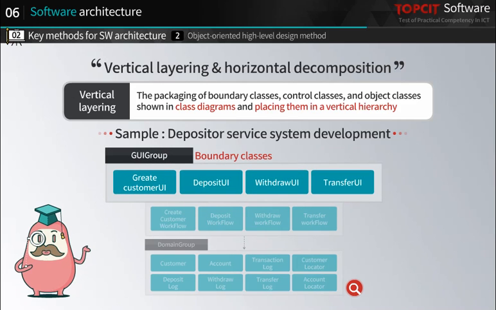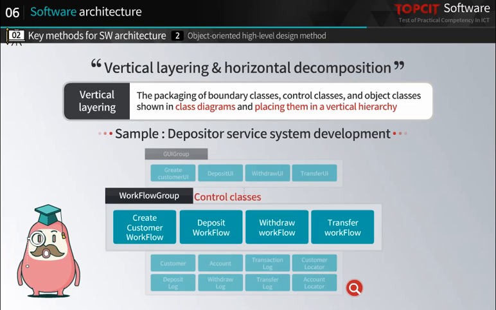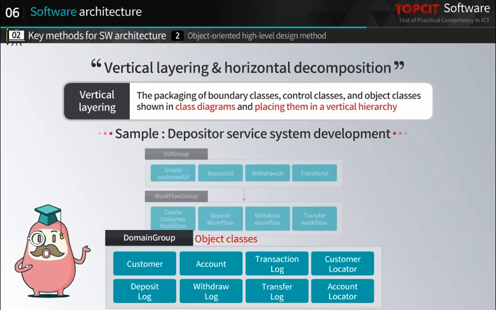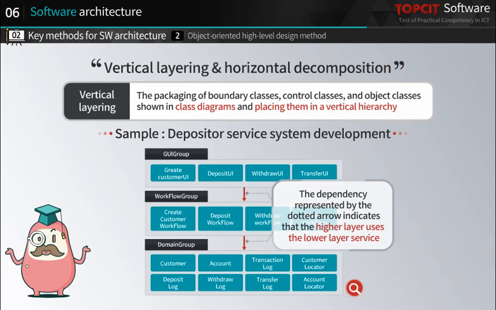Boundary classes are packaged as GUI groups from class diagrams created in behavior and analysis activities. Control classes are also packaged into workflow groups. You can see object classes are packaged as domain groups. In this example, the dependency represented by the dotted arrow indicates that the higher layer uses the lower layer service.